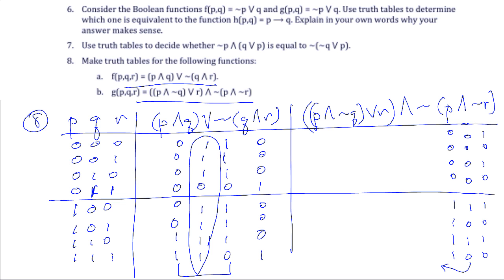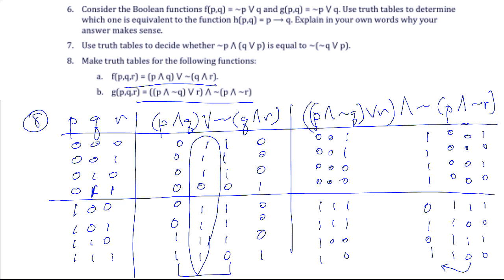And it was a 1, 1, 1, 1, 0, 1, 0, 1. And I have to AND this column now with this whole thing on the left. P is 0, 0, 0, 0, 1, 1, 1, 1. Not Q is 1, 1, 0, 0, 1, 1, 0, 0. When I AND them, it's false unless they're both true.